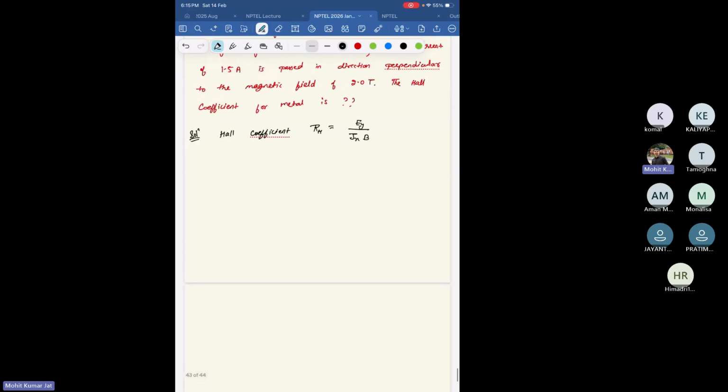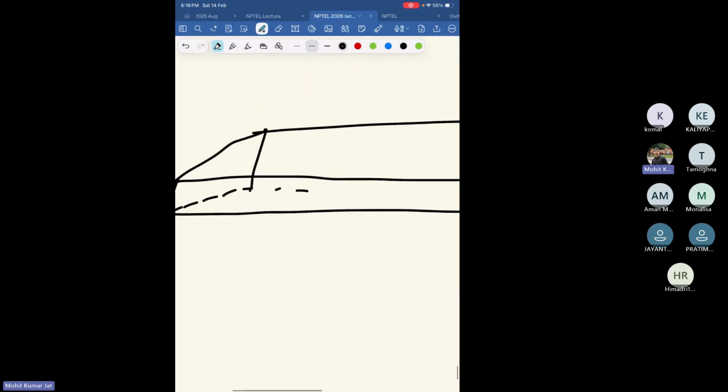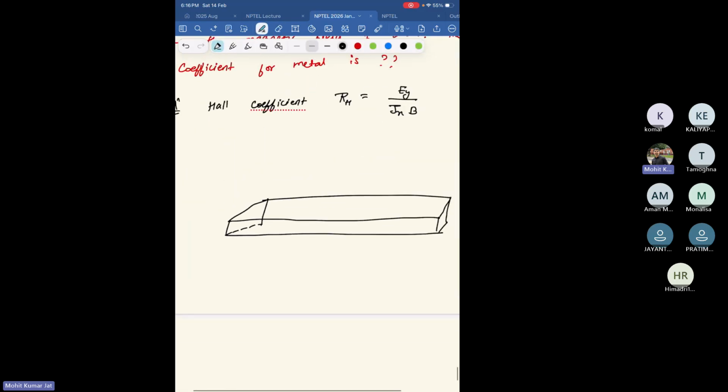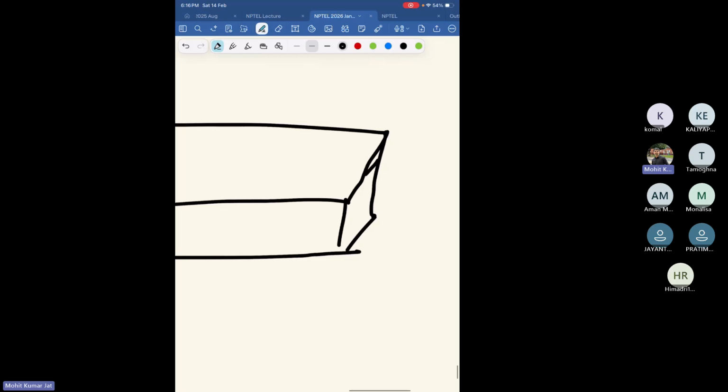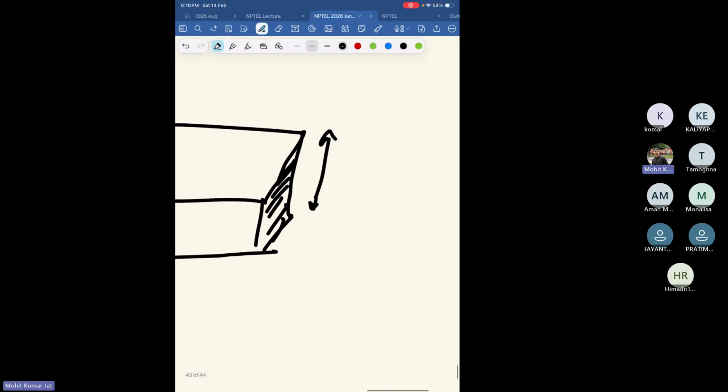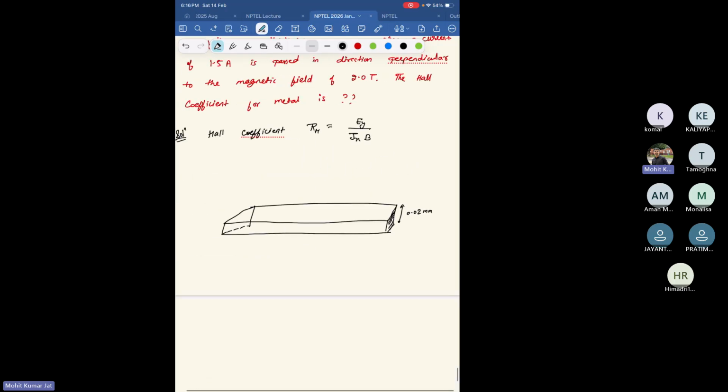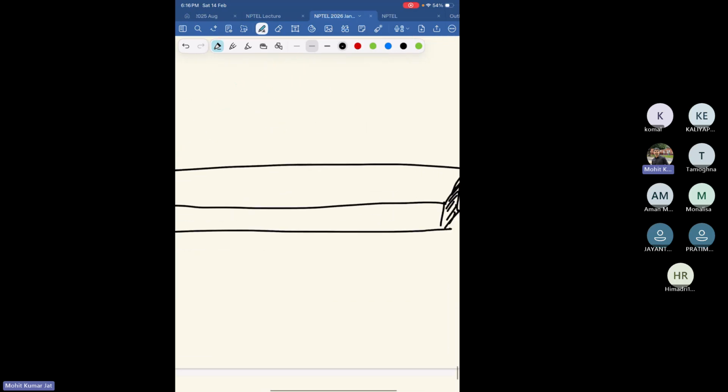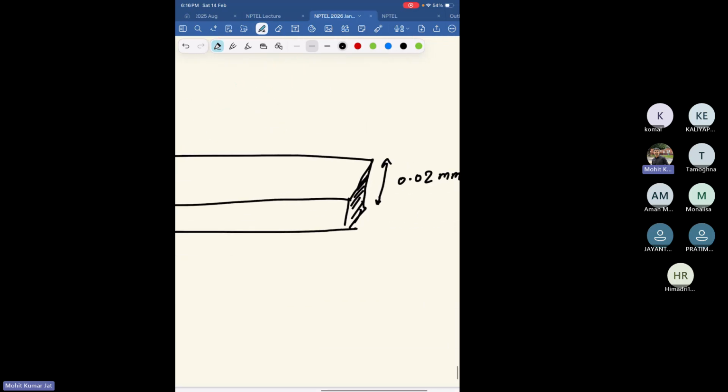So you have a geometry like this, in which this thickness is given to be 0.02 mm, extremely thin, roughly 20 micron, and the width is also there.